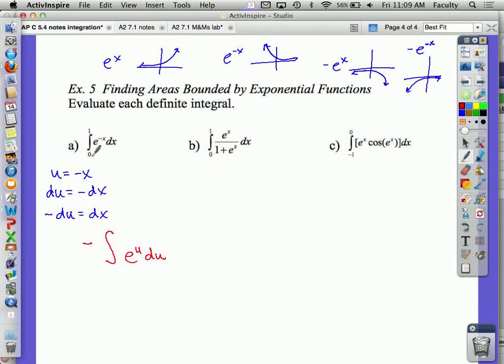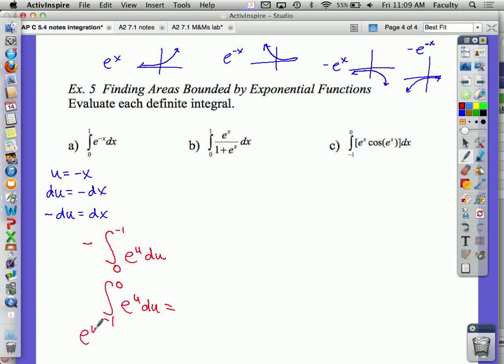If I started at 0, negative 0 is still 0. And if I plug in the 1, that's now a negative 1. I should notice that the limits of integration are backwards. So when you flip it, what do we have to remember to do? Make it negative. Make it an opposite. Well, the opposite of a negative is positive, so that was a good option for us.